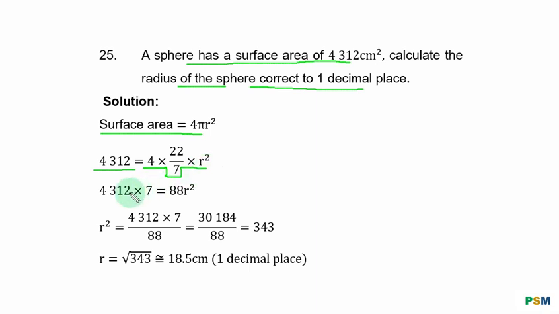Multiply through by 7 to clear fraction. 4 times 22, that is 88 times r squared. Divide both sides by 88 to get r squared. You have it in this form, and that is 343. To get r, take the square root of both sides, and r is approximately equal to 18.5 cm to 1 decimal place.